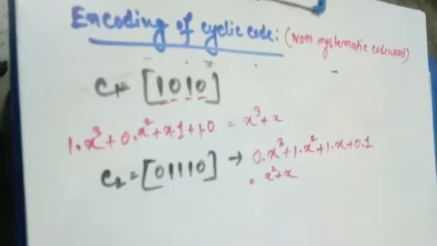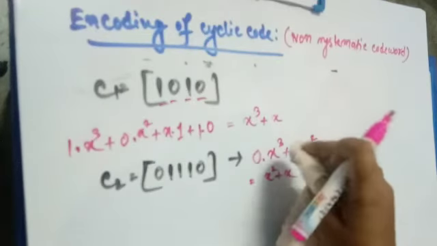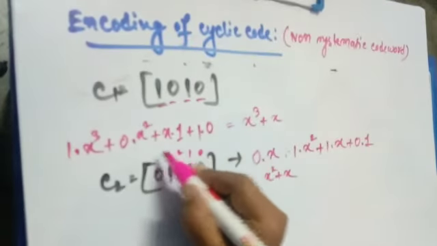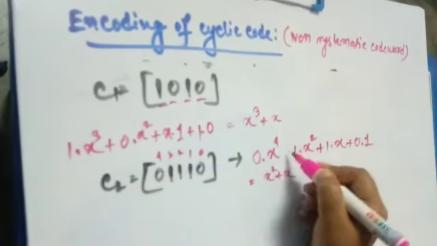Sorry, this is 4. It is not 3. Because it is 0, it is 1, 2, 3, 4. So therefore it is 4.